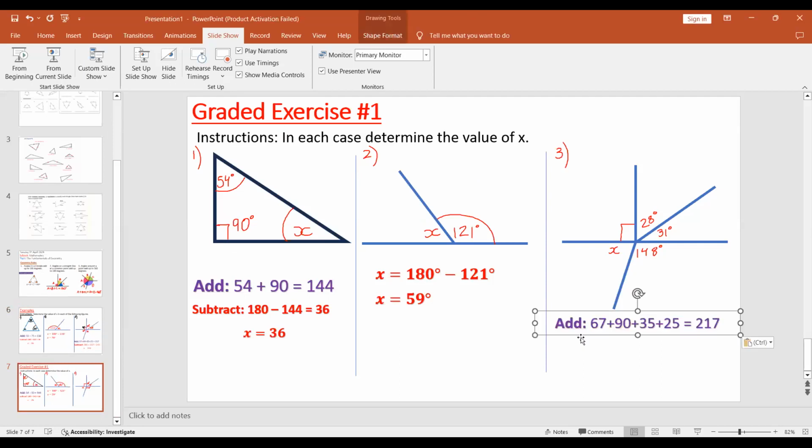Because angles around a point add up to 360 degrees. Very good. So we get 90 plus what else? 28 plus what else? 31 plus 148.